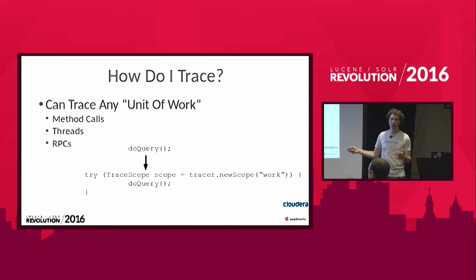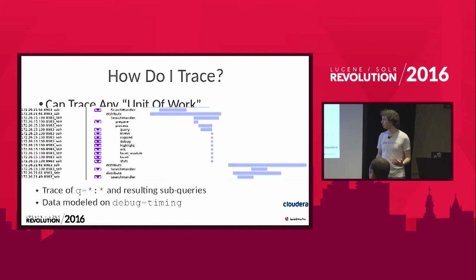Once you configure your tracer object, basically you need to give it where it's going to send its spans to. So you create a new scope. This is your description right here. It's a string. The source is already going to be set up for you. And then you do your normal operations. At the end of this block, when the span closes or the scope closes, it'll complete the span and send it off on its merry way to the receiver.